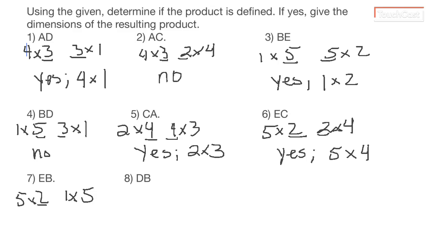Since the number of columns does not equal the number of rows in the 2 different matrices, this cannot happen. And then DB. D we know is a 3 by 1 matrix. B is a 1 by 5 matrix. Since the number of columns in D matches the number of rows in B, we can multiply and get DB. And the dimensions of DB will be 3 by 5.